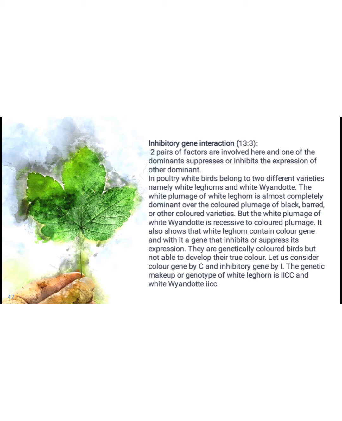The Leghorn shows the white character because it has the dominant color gene, but the inhibitory gene I is also dominant, due to which it does not produce the color character in the White Leghorn bird.